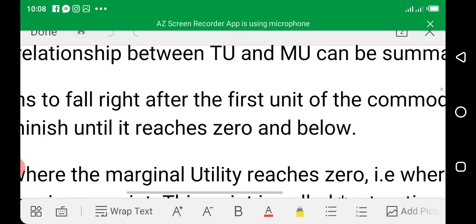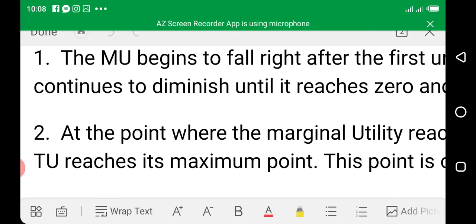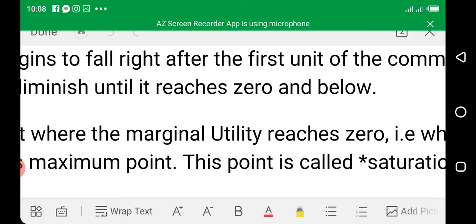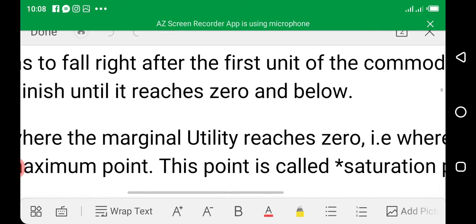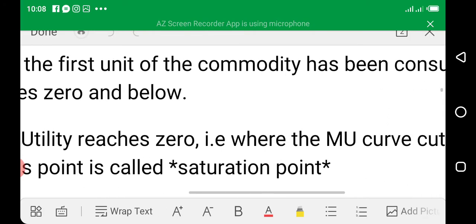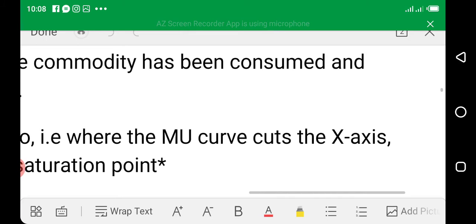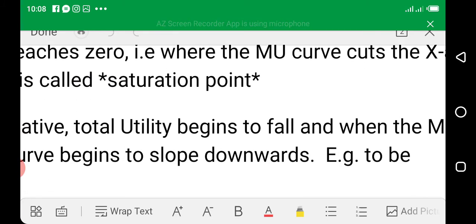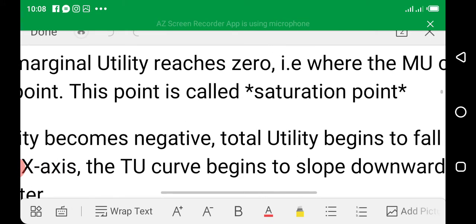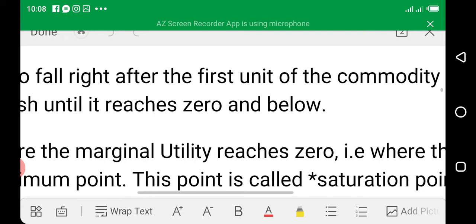Number 1, the marginal utility begins to fall right after the first unit of the commodity has been consumed and continues to diminish until it reaches zero and below.